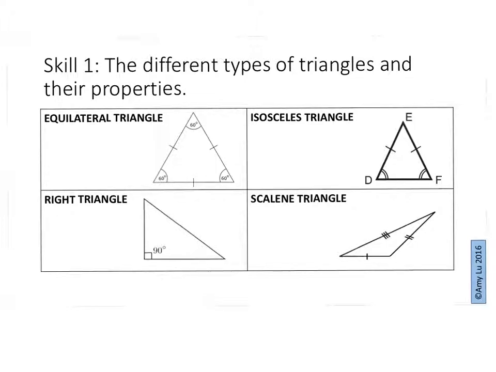So again, to review, equilateral triangle, everything is the same, all the side lengths are the same, all the angles are the same. At isosceles, only two angles and two side lengths are the same. A right triangle is significant for the right angle, and a scalene, nothing is the same. No angles, no side lengths.